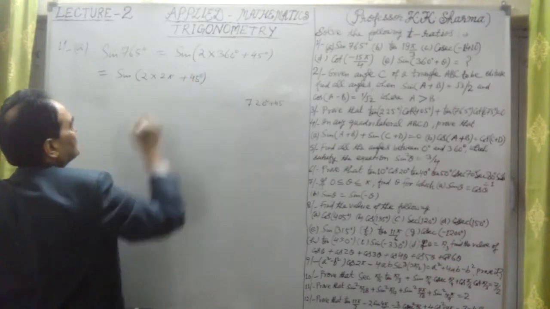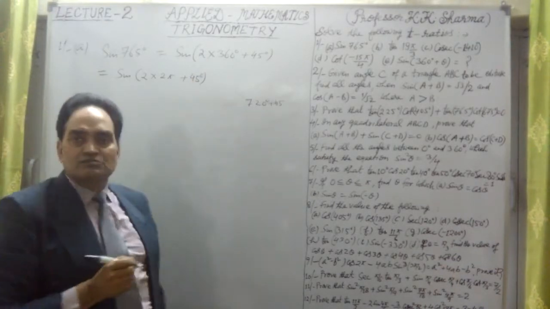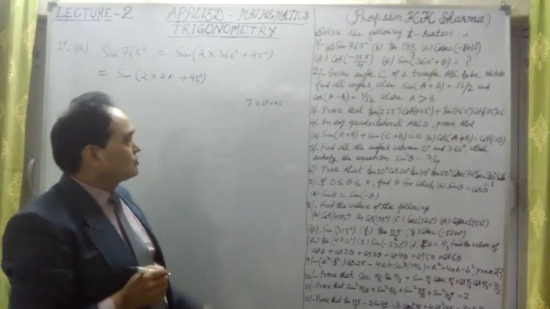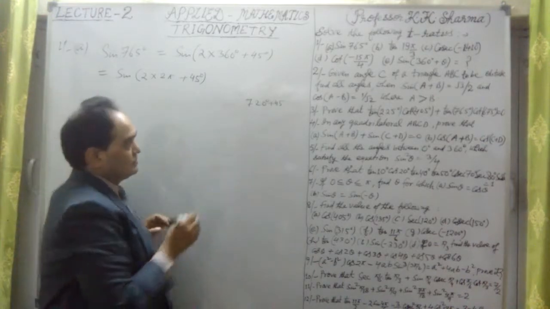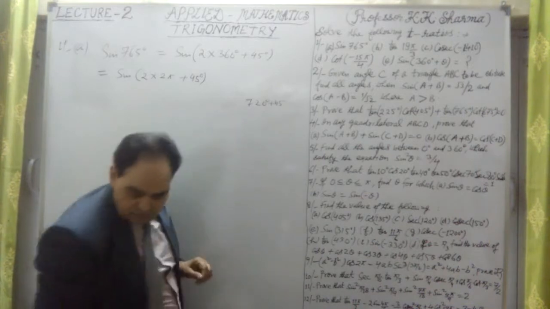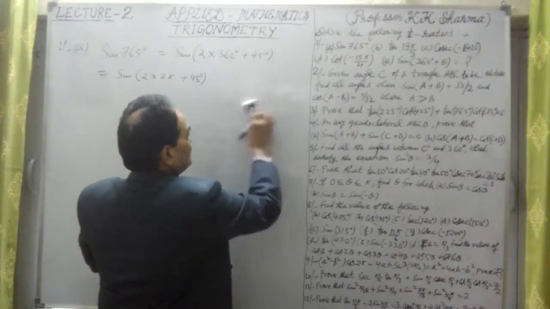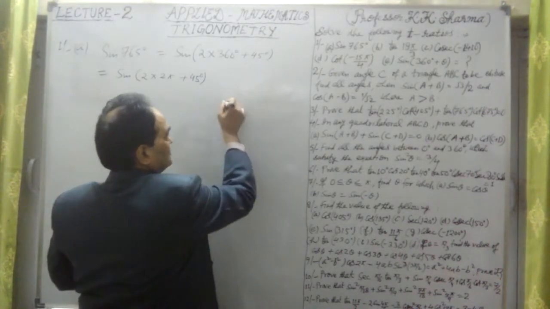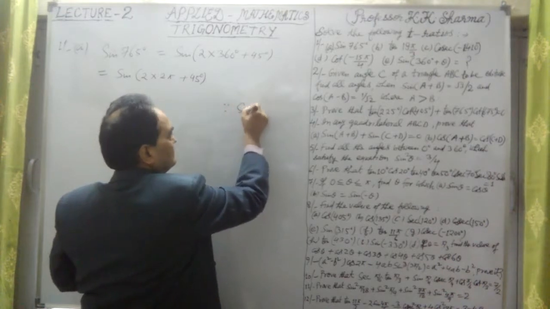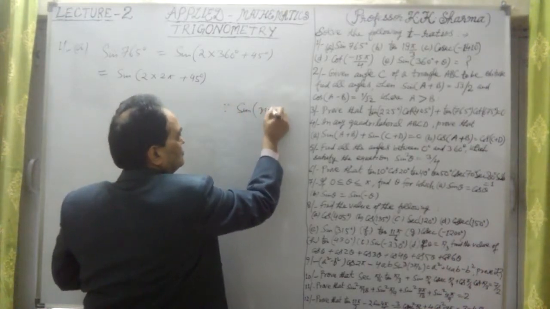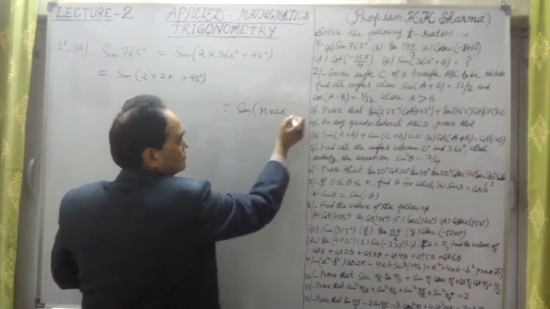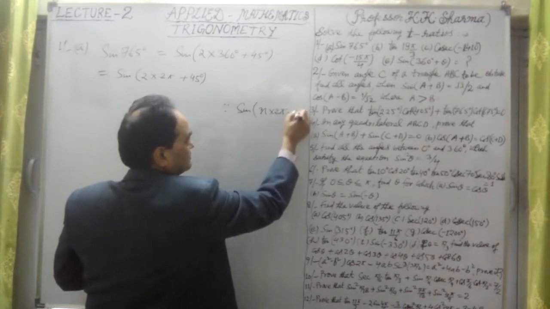This is how we express these functions in terms of 360 degrees or 2 pi plus theta. Now we know the formula: sine of n into 2 pi or 360 degrees plus theta.